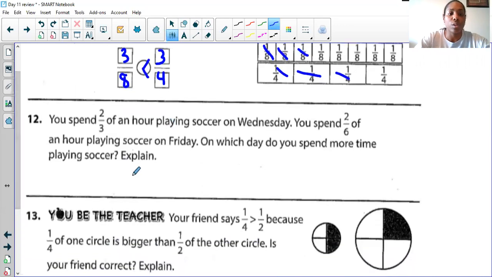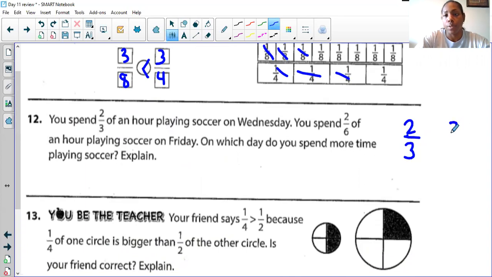So I want you to go ahead, take a look at question 12. You spend 2/3 of an hour playing soccer on Wednesday. You spend 2/6 of an hour playing soccer on Friday. On which day do you spend more time playing soccer? So I do my 2/3 and my 2/6.